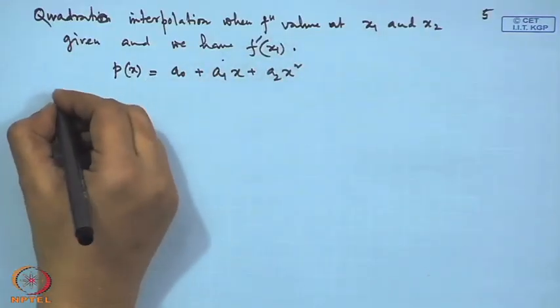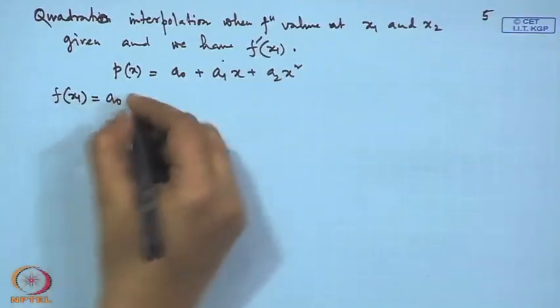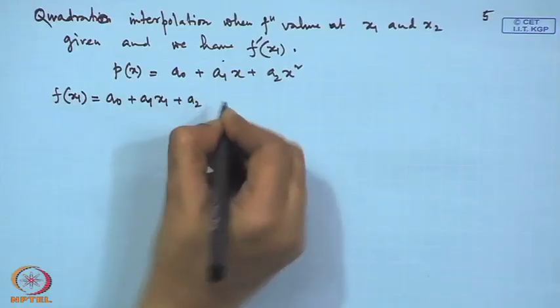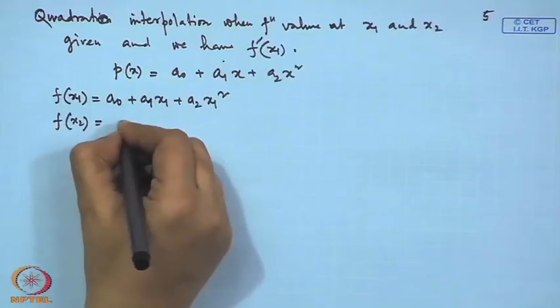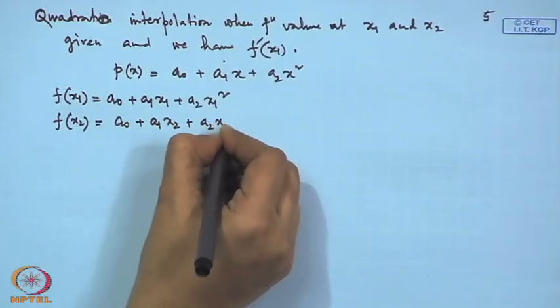Now, when these are given to us, we can have 3 equations like this. f x 1 is equal to a 0 plus a 1 x 1 plus a 2 x 1 square. We have f x 2 equal to a 0 plus a 1 x 2 plus a 2 x 2 square.